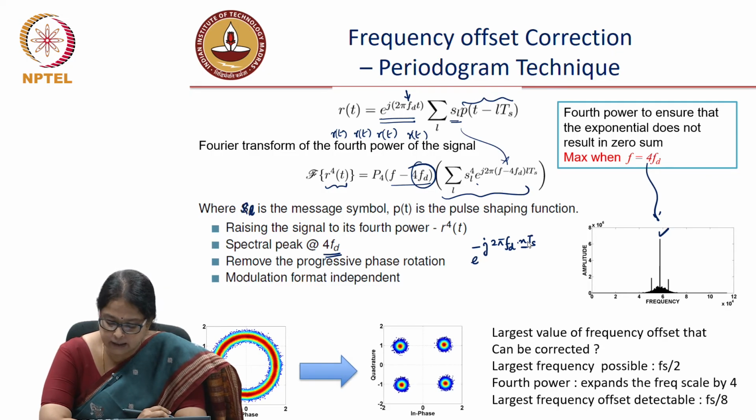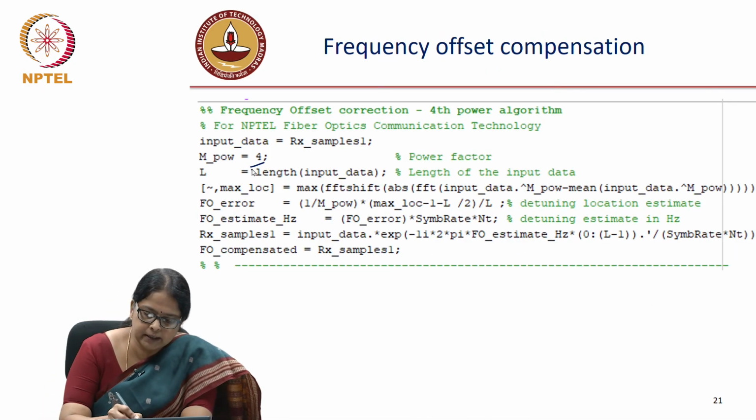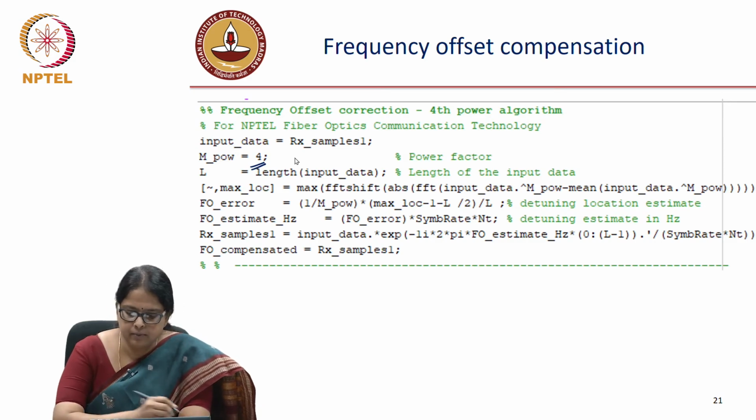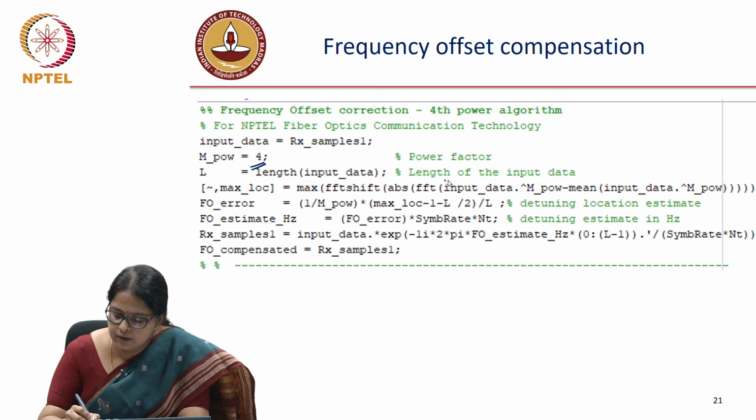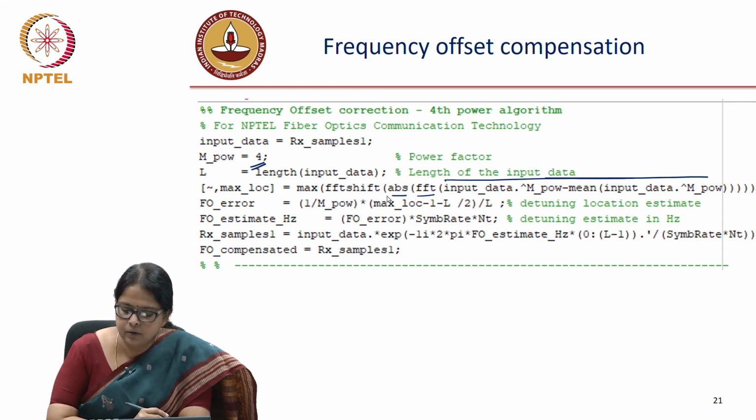So, let us look at the code. You are raising to the power 4, this is your input data. For the frequency offset error, first of all you can subtract the mean and take the FFT, take the absolute value, and then find the maximum. That maximum will correspond to 4 times f d.